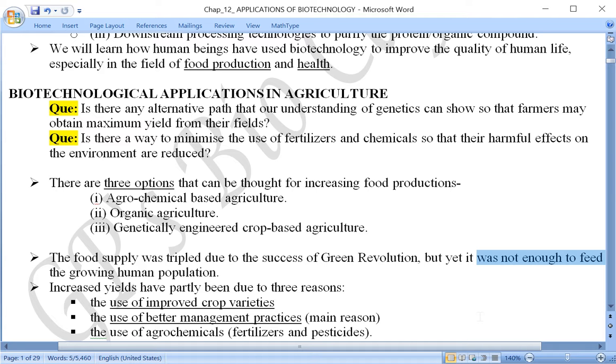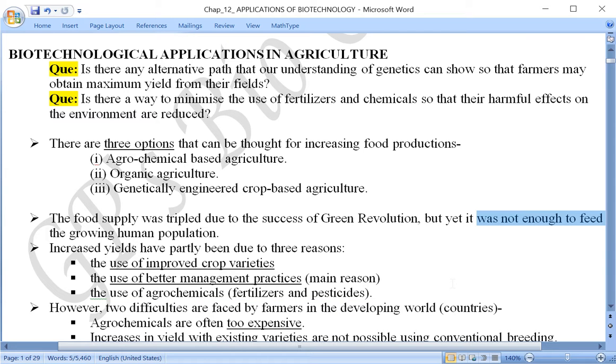This increase, the tripling of the food supply due to the green revolution, was mainly due to three main reasons. It means this tripling was partly made possible because of these three reasons.